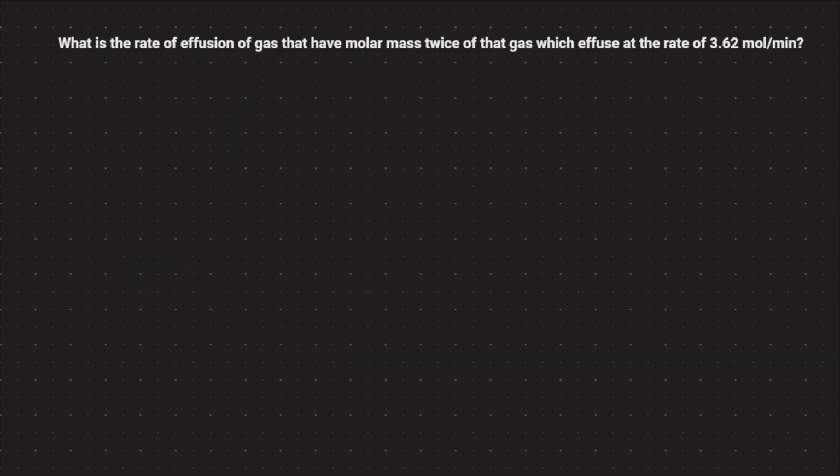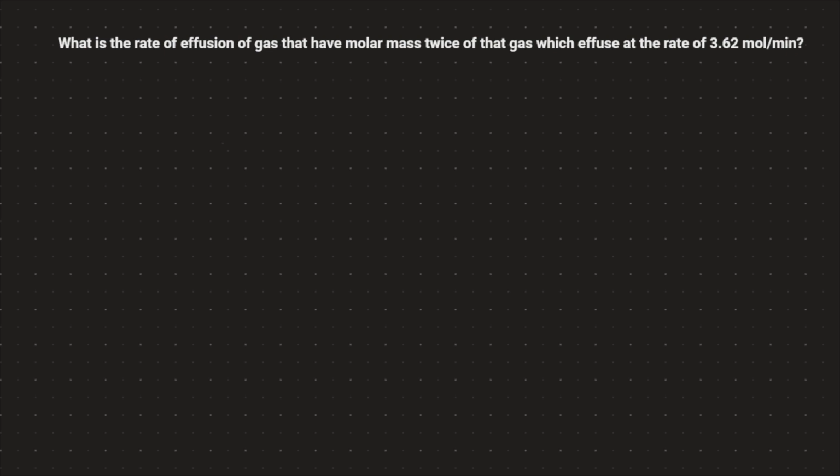Question number 4. What is the rate of effusion of gas that has molar mass twice of that gas which effuses at the rate of 3.62 mole per minute? Alright, so this is a rather straightforward question where we just need to use Graham's law.